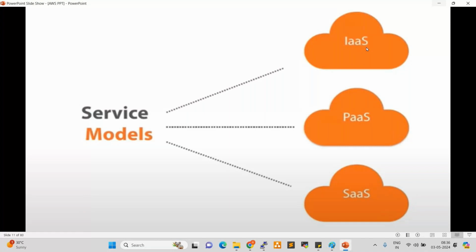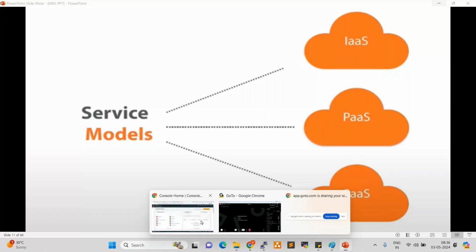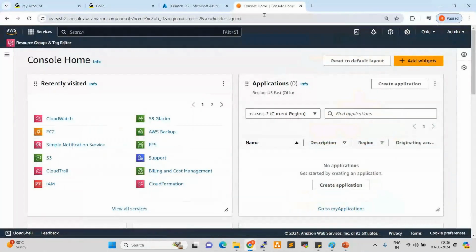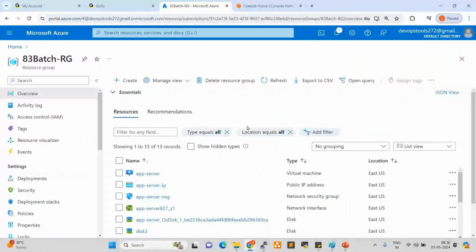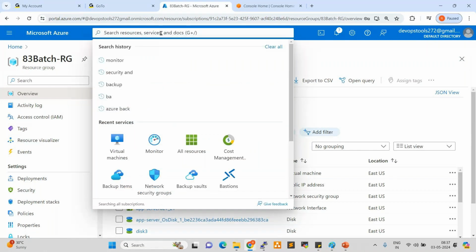Second one is platform as a service. What is platform as a service? The platform is already available in the cloud. For example, in the Azure cloud, if I require Kubernetes, you can search here for AKS, Azure Kubernetes Service.